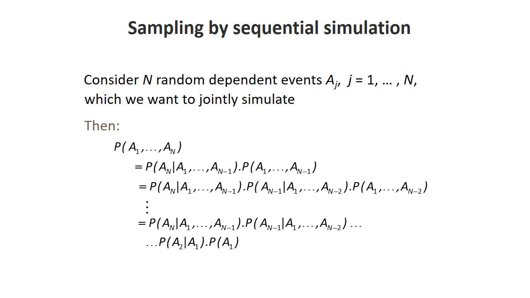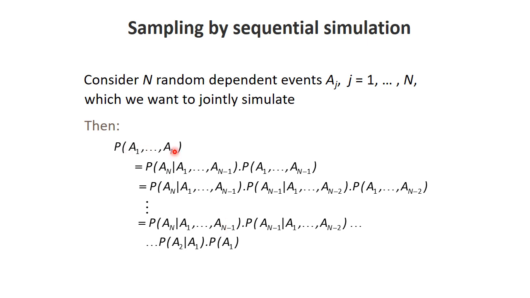And that's shown here, namely the multivariate distribution can be written as, let's put on the pointer, the probability of the first one, and then the probability of the second one given the first one, and so on down the chain. And the last one is the probability of the last one given all the previous ones.